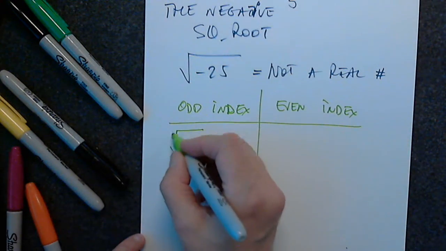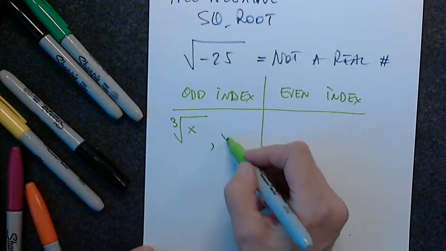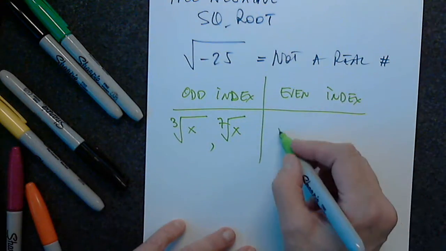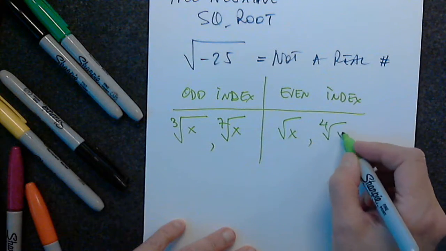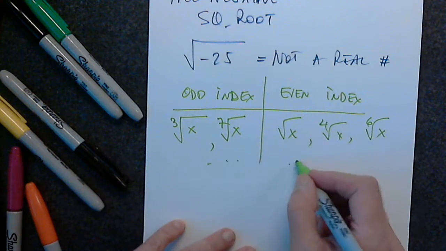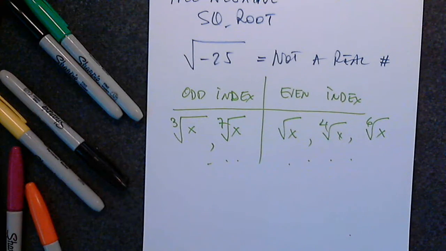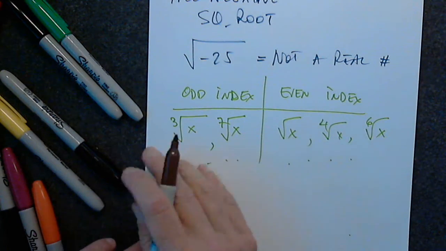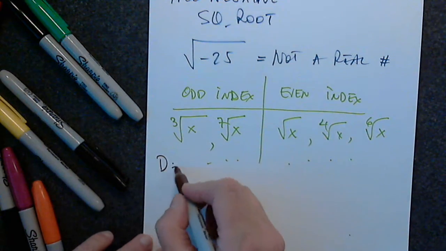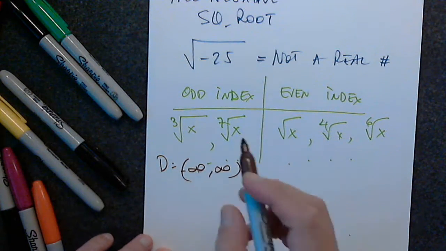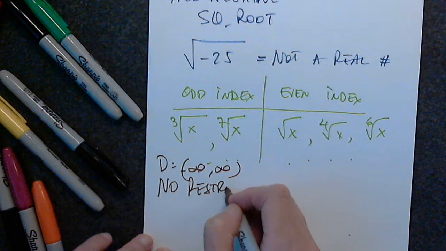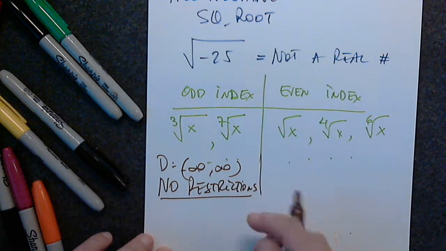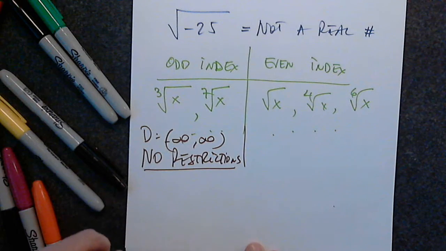For example, the cube root of x, the 7th root of x, are odd index; the square root of x, the 4th root of x, the 6th root of x, and so on and so forth, are even index. For the odd index, the domain for any function with an odd index is all real numbers. No restrictions on odd indices. Friendly, nice. Everything, you can plug in everything. You can plug in 0, negative numbers, positive numbers.